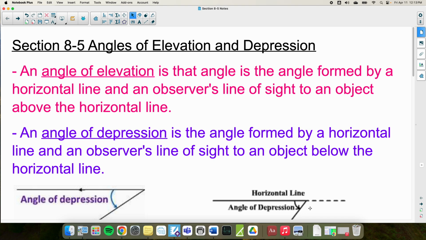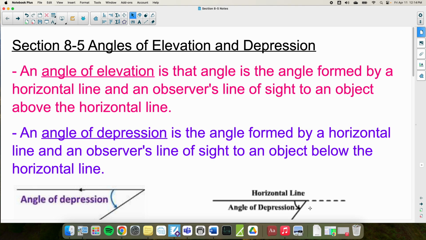We're doing angles of elevation and angles of depression, so I'll explain what that is. Let's say that you're on the ground and there's a hot air balloon in the air. Your line of sight, if you look straight forward, is just a horizontal line going forward.